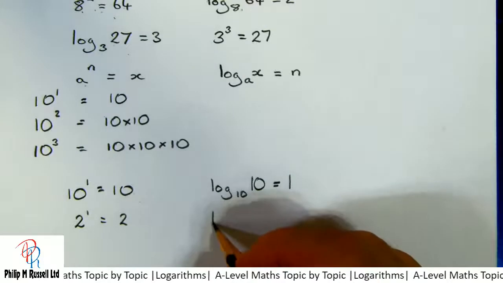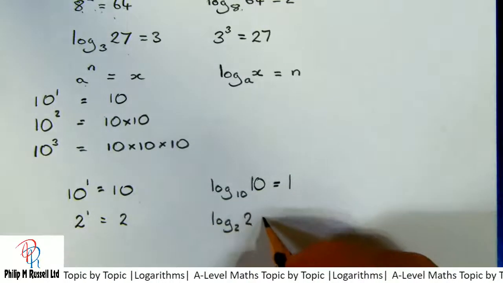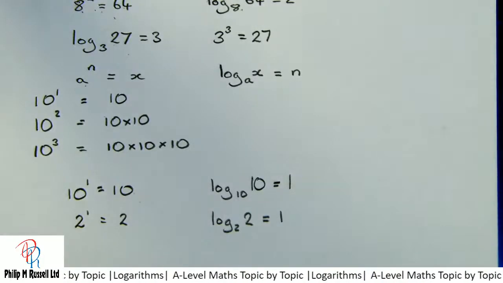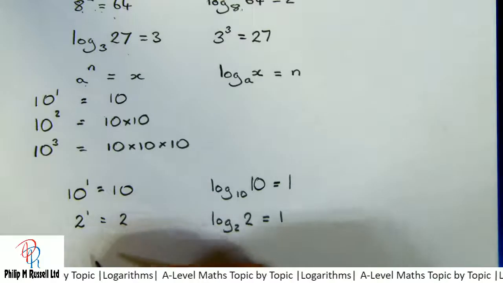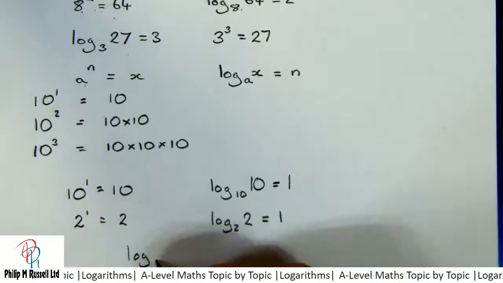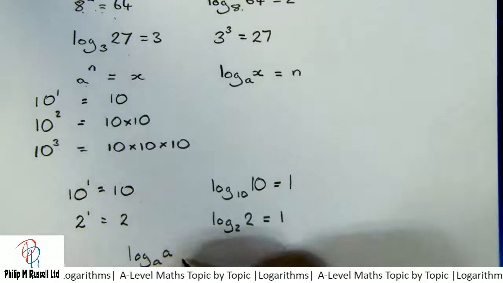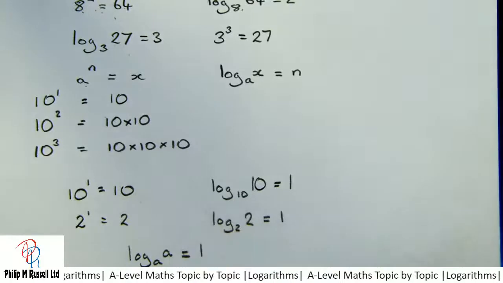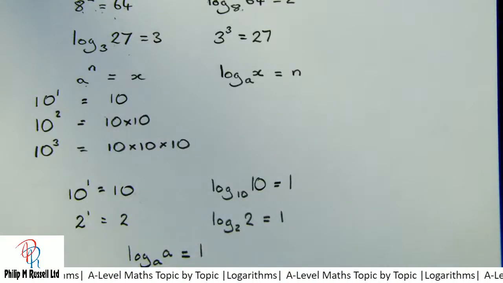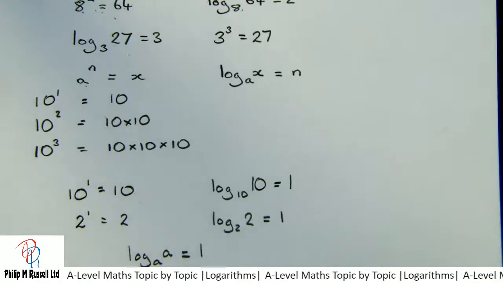So I can say that the log to the base 2 of 2 equals 1. So we get a general rule. And the general rule is that the log of any base to that number is always 1. So this is a general rule that we need to follow.